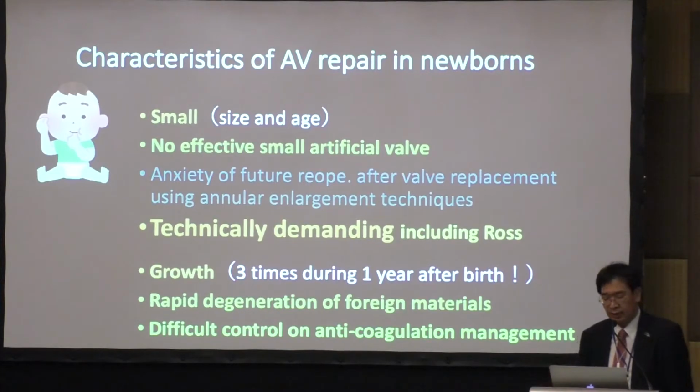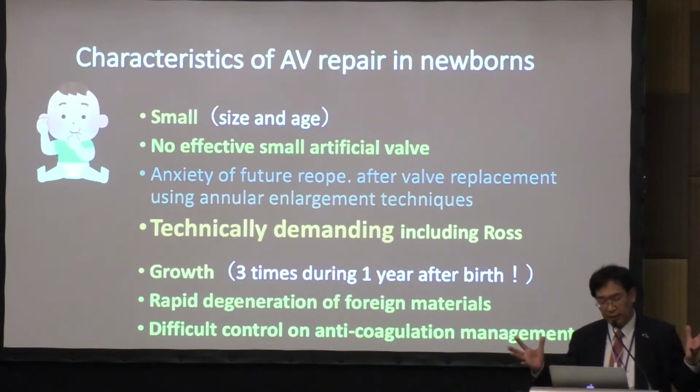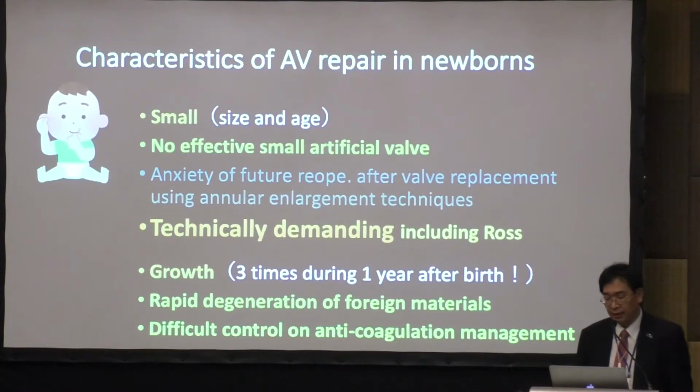So usually, many institutes report more than 20 to 30% mortality within 1 year after the Ross procedure. Some institutes report very good results, but generally the neonatal Ross is a very high risk operation.